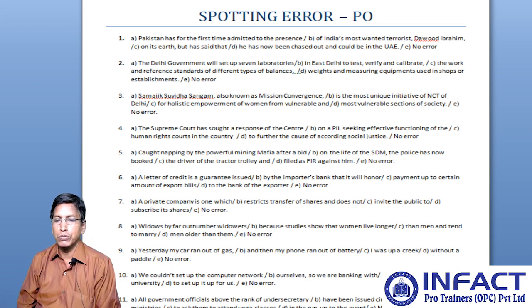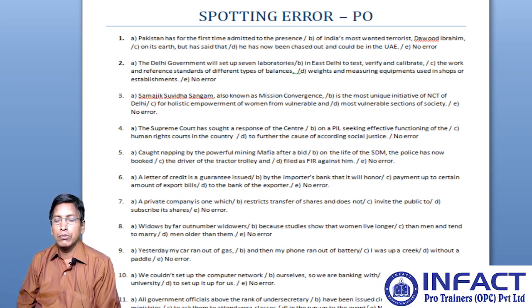Now let us go to the next question. Question number 2. The Delhi government will set up 7 laboratories in the East Delhi to test, verify and calibrate the work and reference standards of different type of balances, weights and measuring equipments used in shops or establishments.